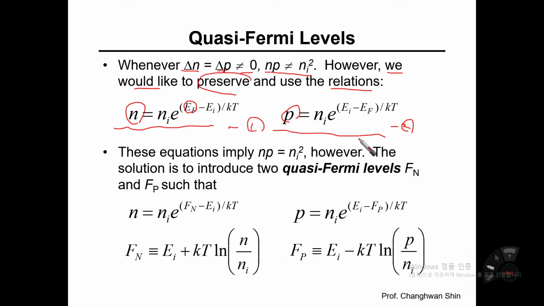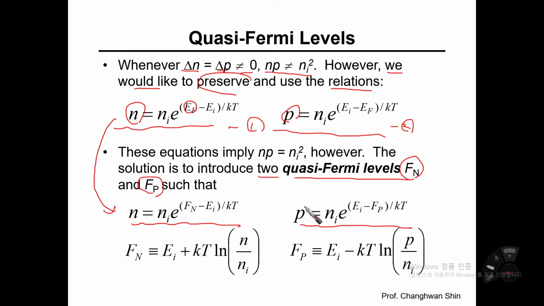However, we would like to preserve those two equations. How? In order to preserve equations 1 and 2, we can introduce two quasi-Fermi energy levels denoted as F sub n and F sub p. Then we can write the same form of equations 1 and 2 for n and p, even though the electron and hole concentrations are not obtained at thermal equilibrium.